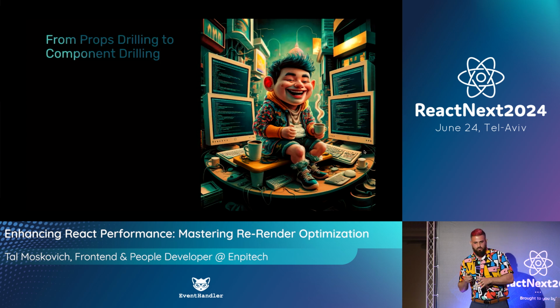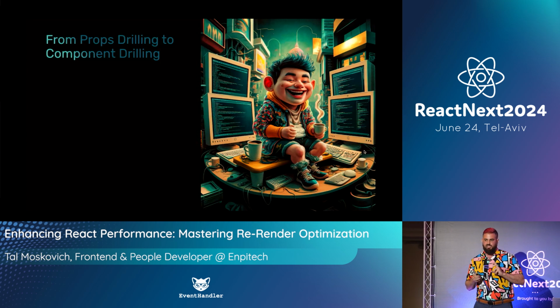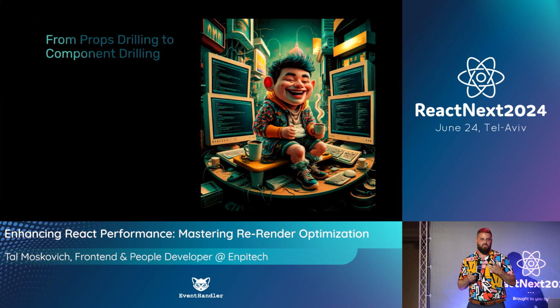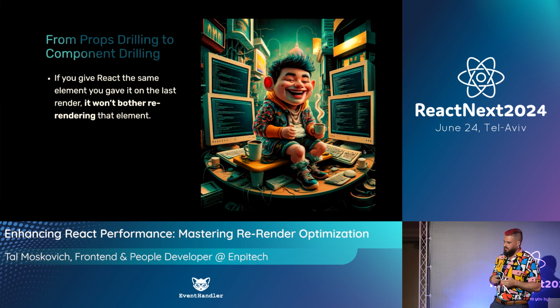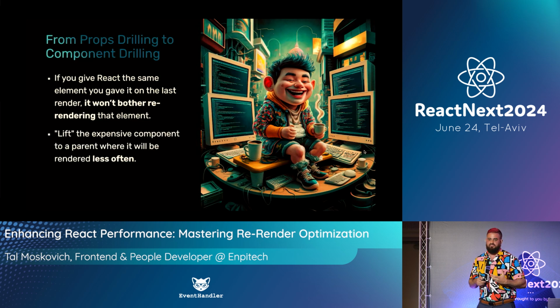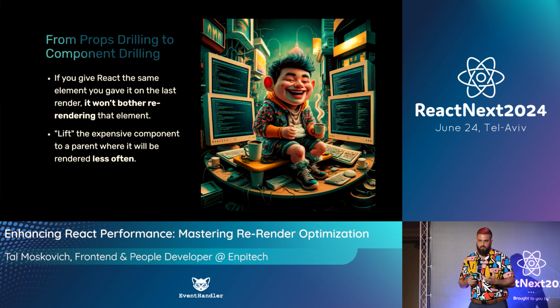And I would like to conclude and maybe initiate a new way of thinking. Instead of props drilling, let's think about component drilling. Because as we learned, if we give React the same element that we gave it in the last render, it won't bother to re-render that element. And what we could do is lift up an expensive component to a parent which will be rendered less.